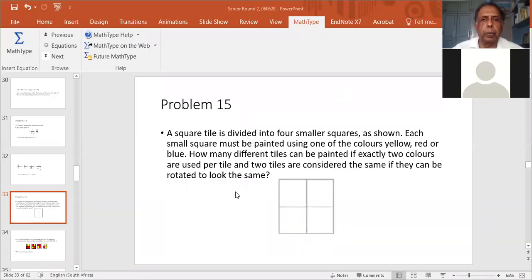All right, now we're getting into problem number 15. A square tile is divided into 4 smaller squares. I want to read through this problem as shown. So you got these 4.